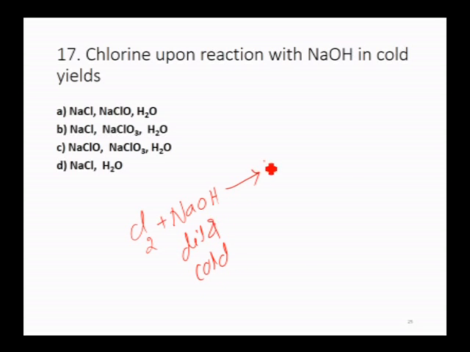It forms sodium chloride, sodium hypochlorite and water. So the obtained products according to this are NaCl, NaClO, that is sodium hypochlorite, and water. The suitable answer is A.